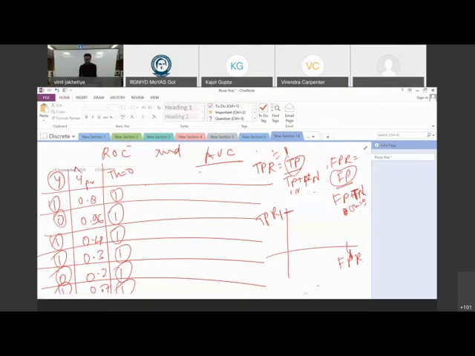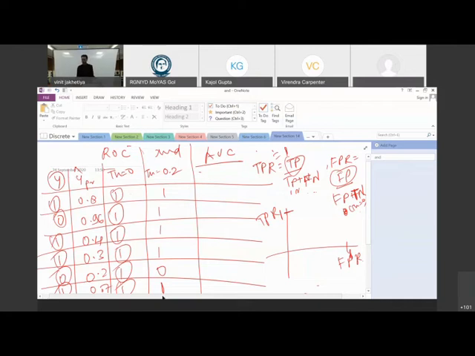Let's say I take TH equal to 0.2, just a random example. At 0.2, what is going to happen? 1, 1, 1, 1, this is 0 now, this is 1, because only one value is less than 0.2, so it becomes 0. Otherwise, everything has become 1.